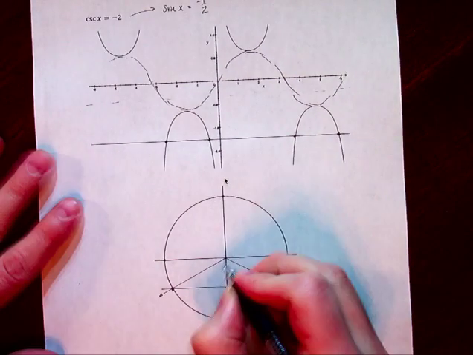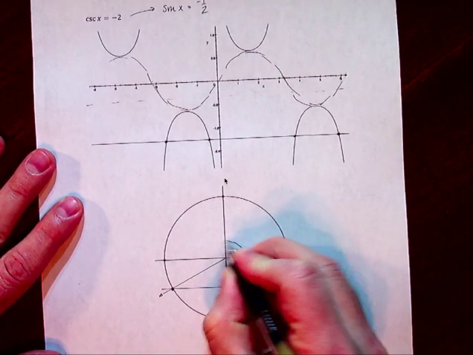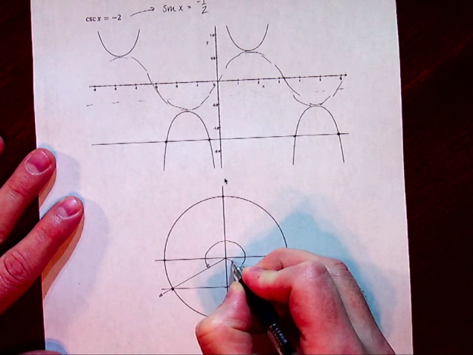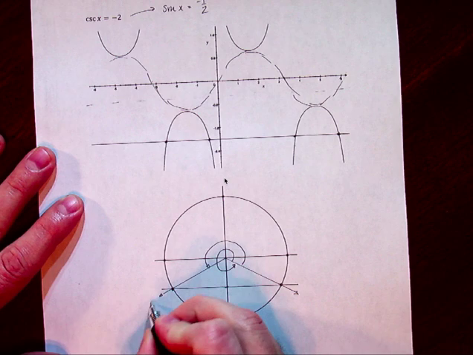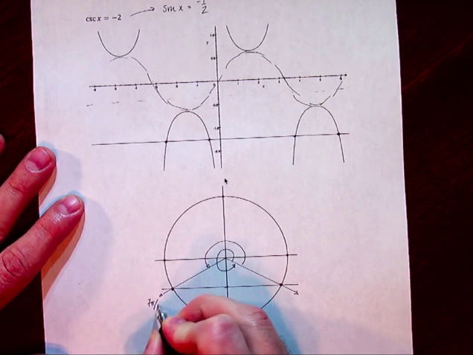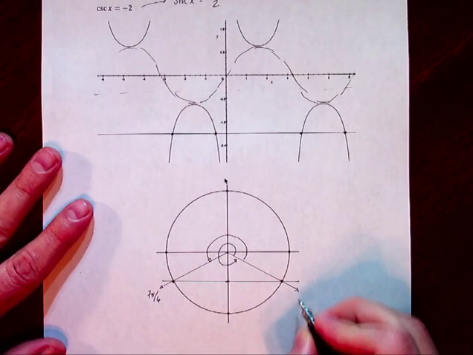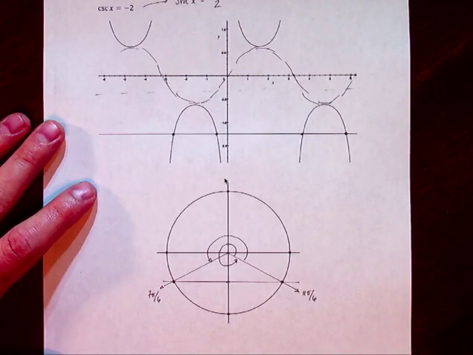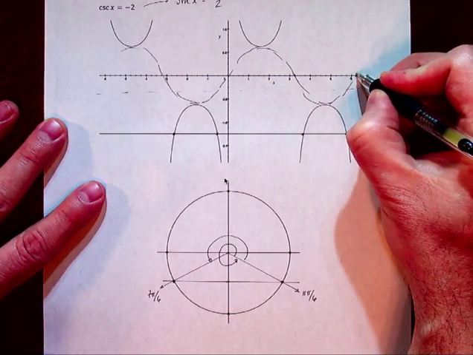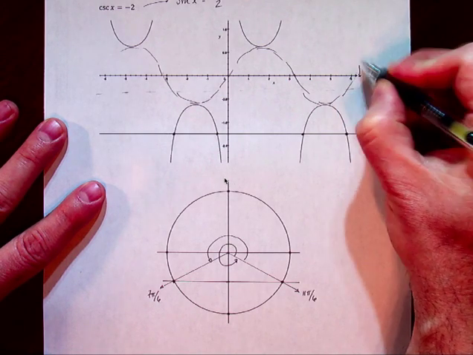And so I have this angle measurement and this angle measurement. This one over here is 7 pi over 6. This one over here is 11 pi over 6. Now, this right here, over here, is 2 pi.